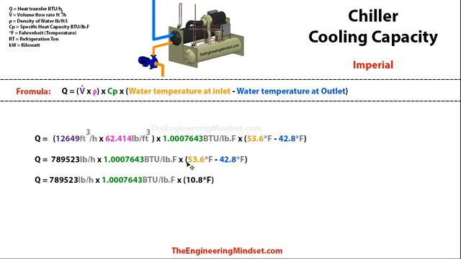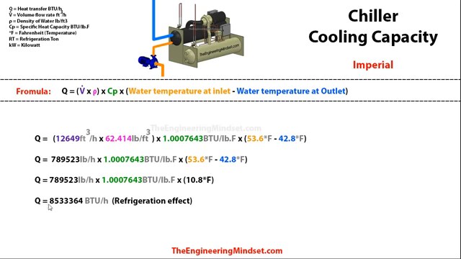Then, for the other bracket, we subtract these two figures, and it will give us our 10.8 Fahrenheit. Finally, we multiply all these figures together to give us our final BTU per hour figure, and that is the refrigeration effect.